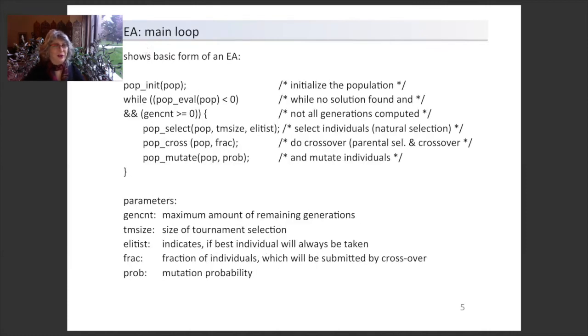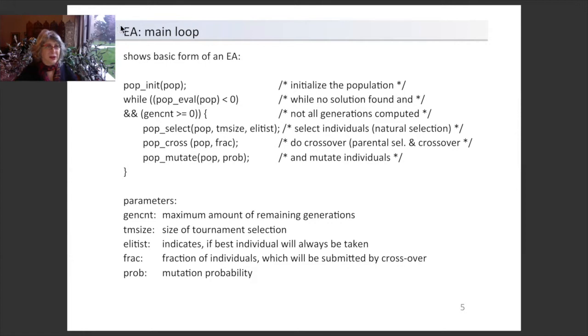Now we are going to consider the main loop of the evolutionary algorithm. There is a need for the initialization of the population. Here, pop is the parameter, and on that one we are applying the initialization.